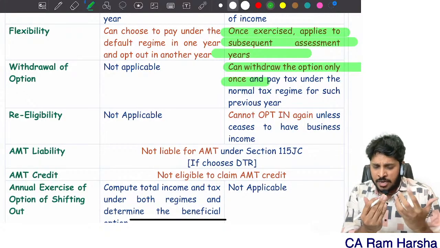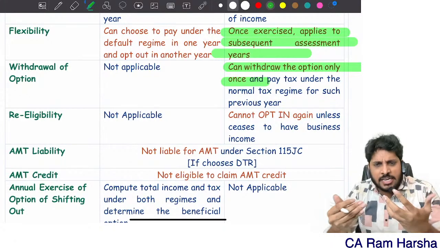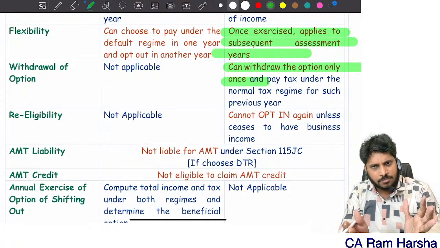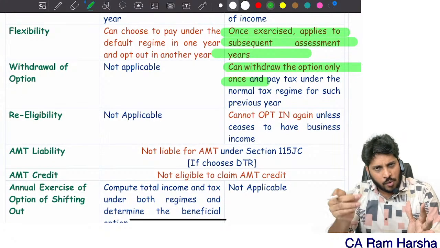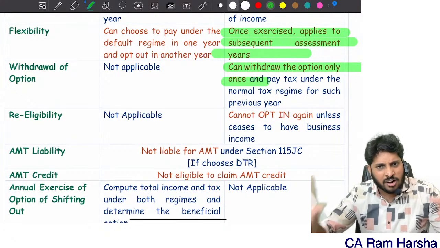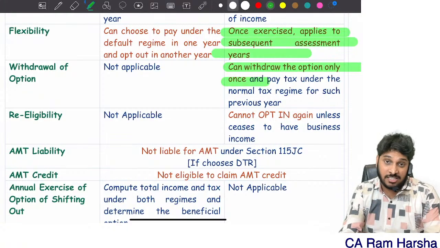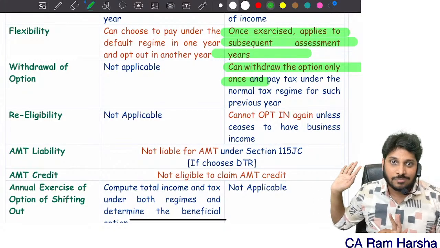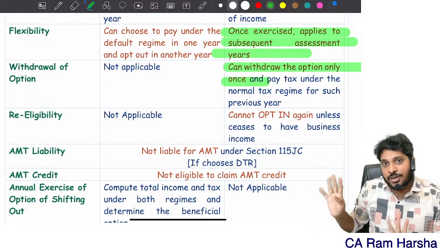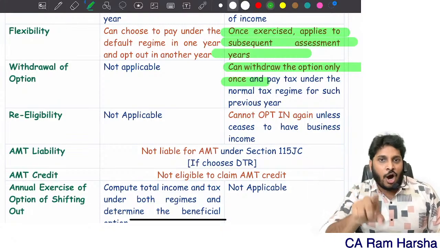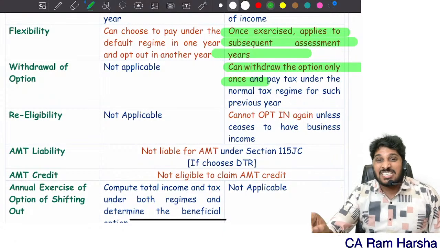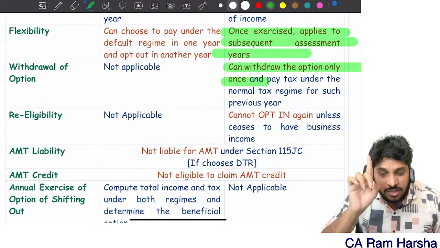For example, you declared for the first time under default tax regime. Later you withdraw. Once you withdraw, in lifetime you cannot claim default tax regime unless business itself is not there. Suppose your business is discontinued, no problem. You can again come back and claim optional tax regime. For business SSEs, it's one time only you have to choose. Once you choose, you stick to it.